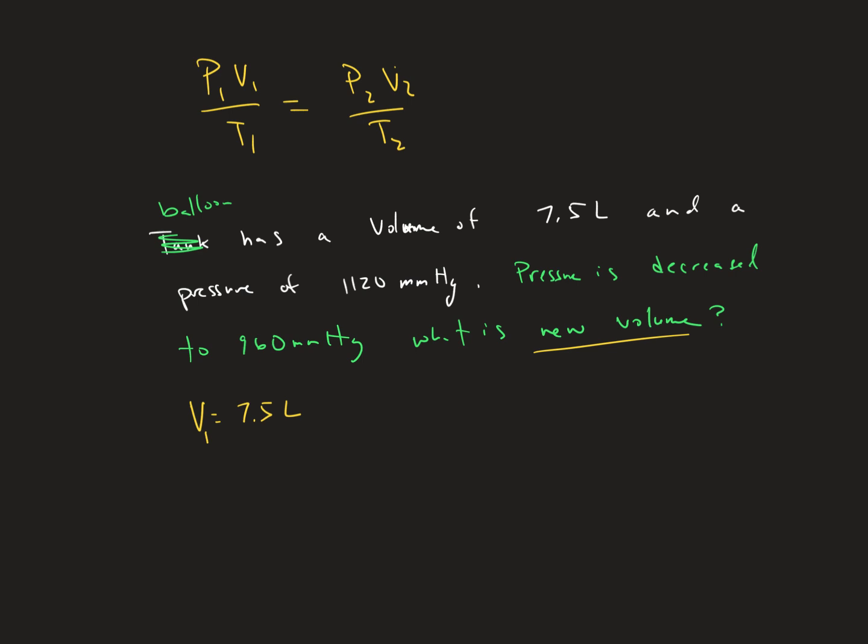What else? P1 is 1120 millimeters of mercury. Okay, what else do we know? P2 is 960 millimeters of mercury. And what are we looking for?